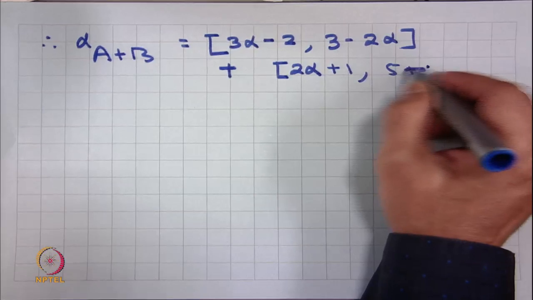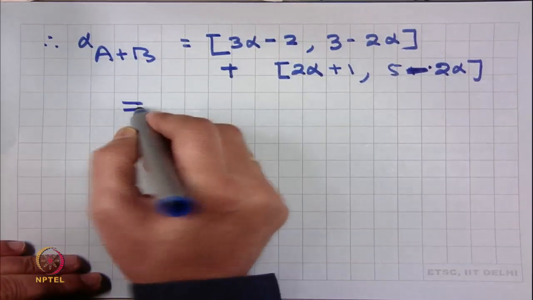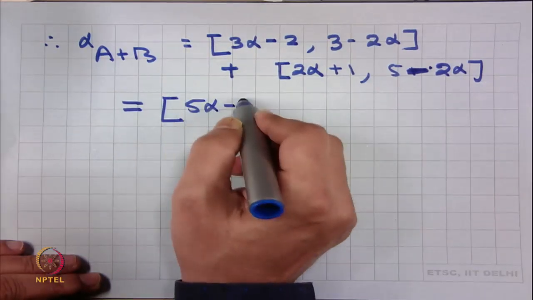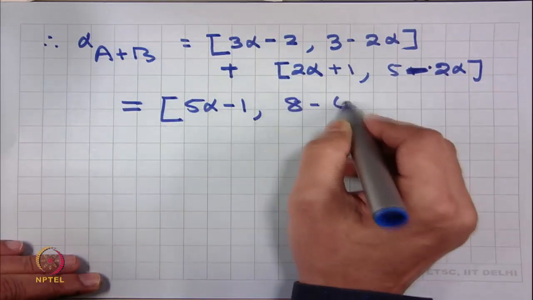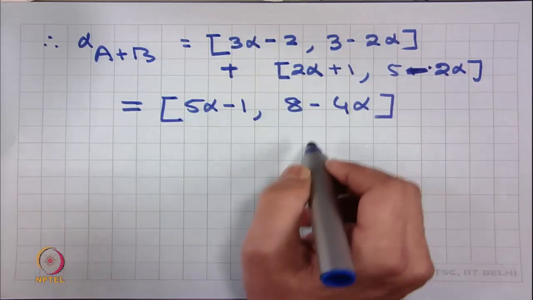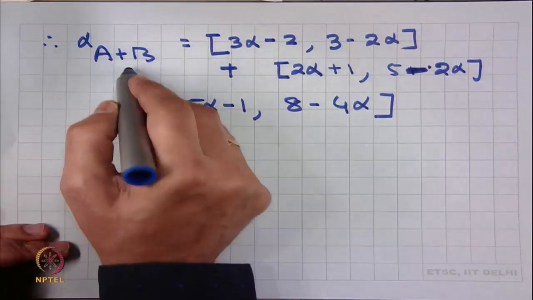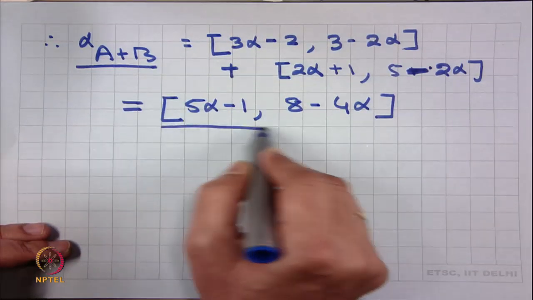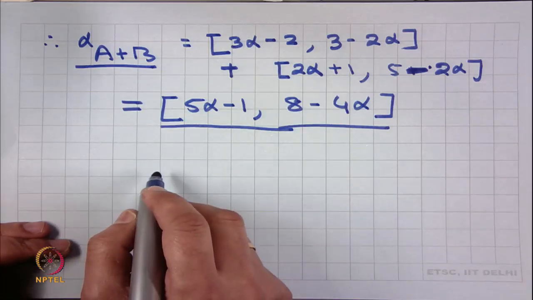Therefore, this is going to be [5 alpha minus 1, 8 minus 4 alpha]. Thus, we get the alpha cut of A plus B is equal to [5 alpha minus 1, 8 minus 4 alpha].